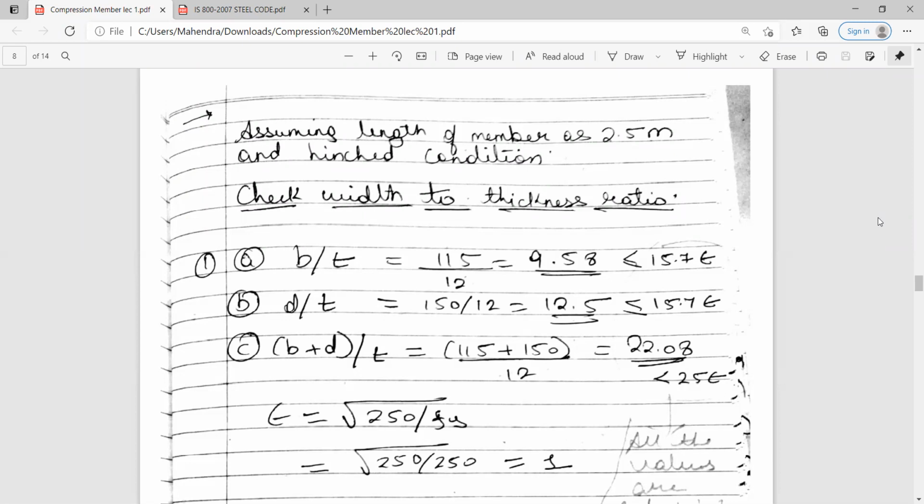So first condition is your B by T. Now what is B over here? What is the size of the angle section given to you in the question? Yes. Anyone from you? What is the size of the angle section? Indian standard angle.